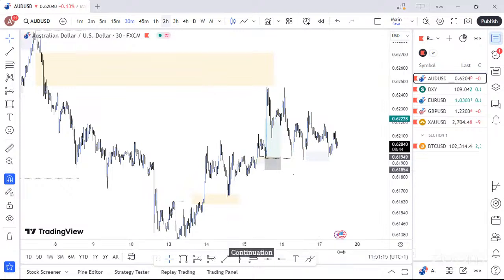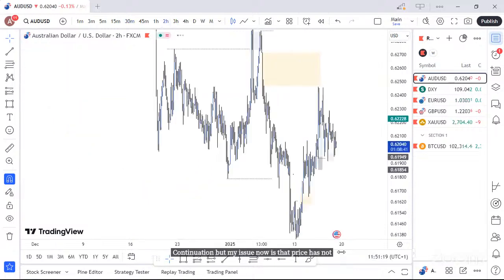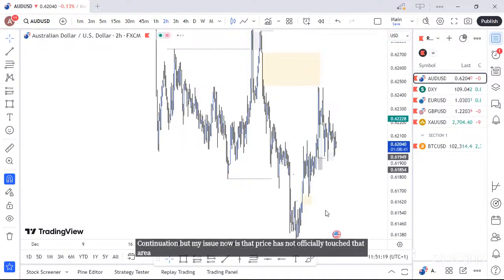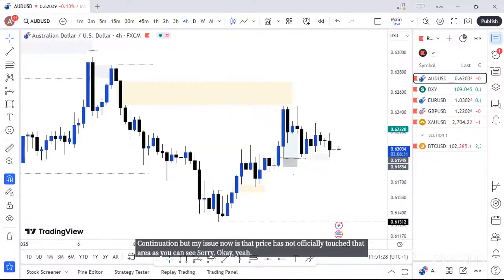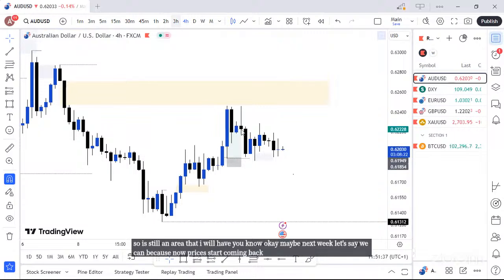But my issue now is that price has not officially touched that area, as you can see. So it's still an area that I'll look at maybe next week, because price has now come back to our zone. Let me zoom in.